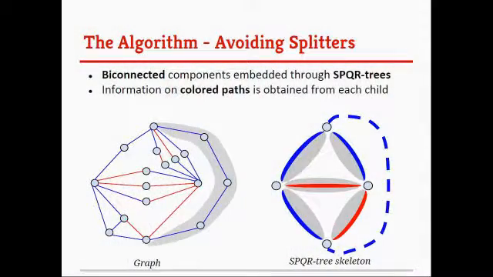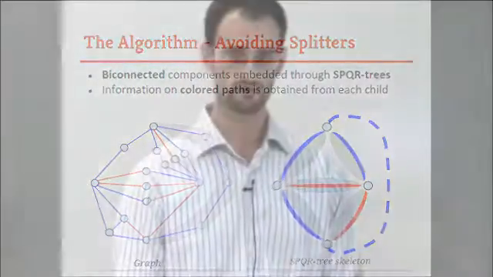For example, the first cycle in the picture is not a splitter since it's empty outside. A disjunctive and splitter-free embedding must be found for every biconnected component.